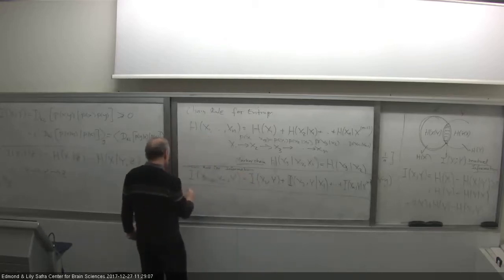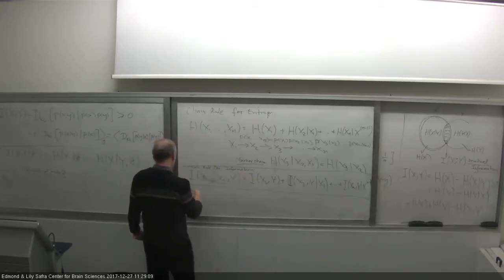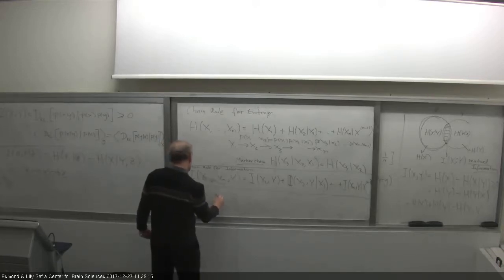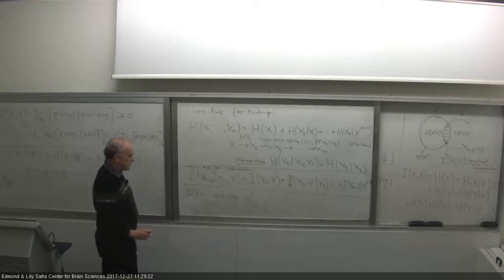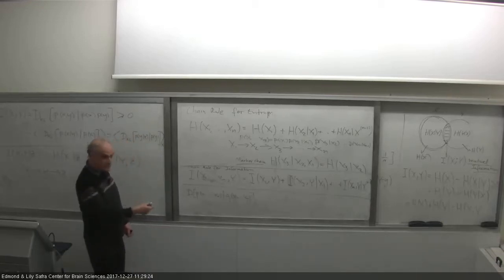Now also I have a chain rule for the DKL. This is actually the basis of everything. If I have two distributions over some n variables, I would like to factor them in a similar way. So what do you guess should happen here?